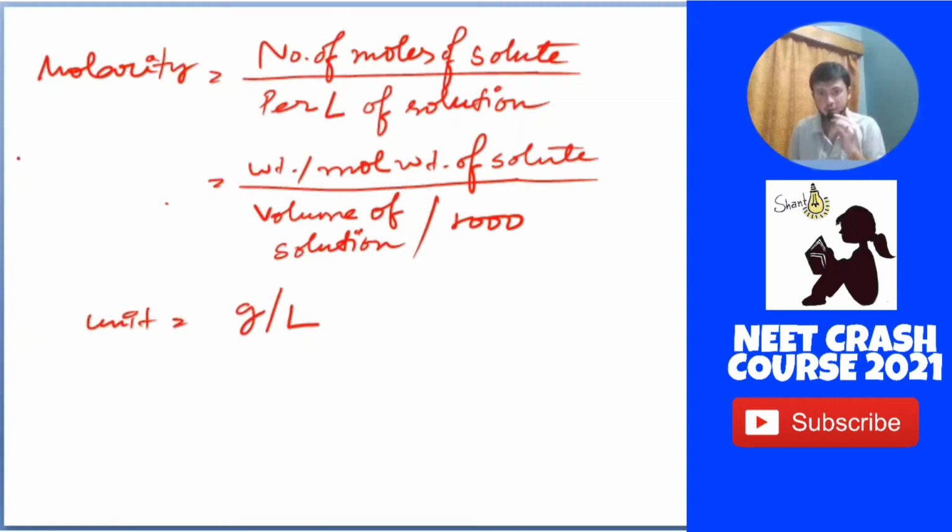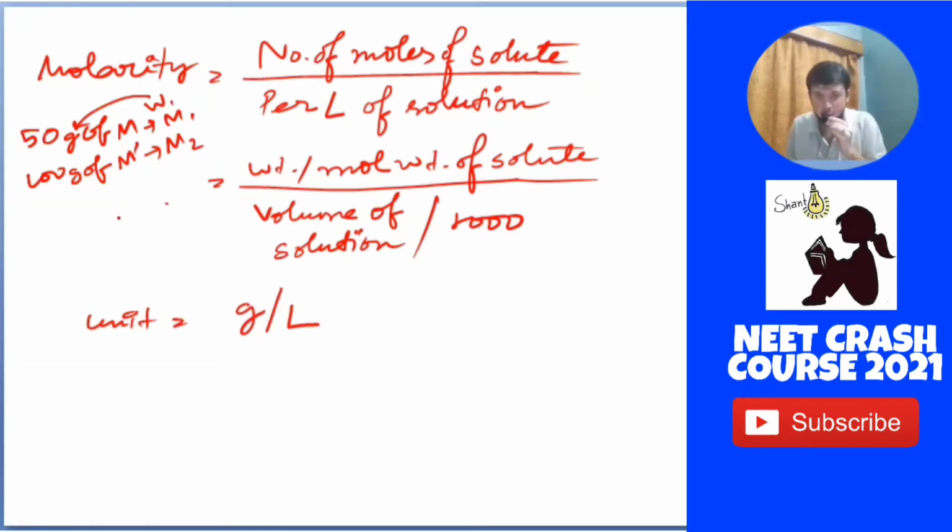Now let us see an example. If 50 gram of any substance, let us assume M is taken, whose molecular mass is M1, and we have taken W1 as weight, and W1 is 50 gram here. And 100 gram of another substance is taken, whose molecular weight, let us assume, is M2.